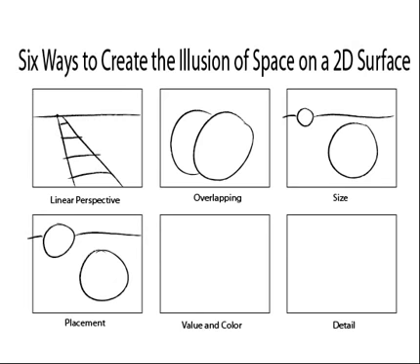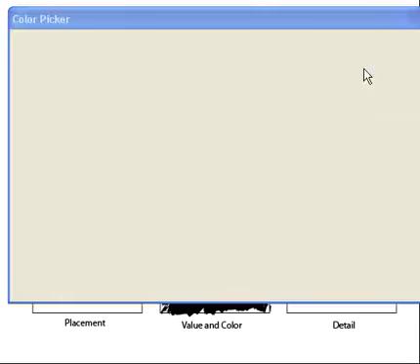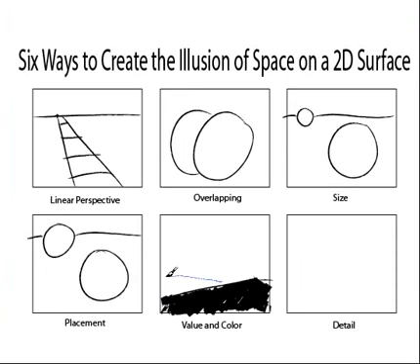So let's say we have a little hill right here and it's closer. It might be a darker value, so we'll illustrate that with a really dark color right here. Now let's say there's a little hill that's a little bit further away. It may be a little bit lighter in value. I'll draw another hill. It's a little bit further away.